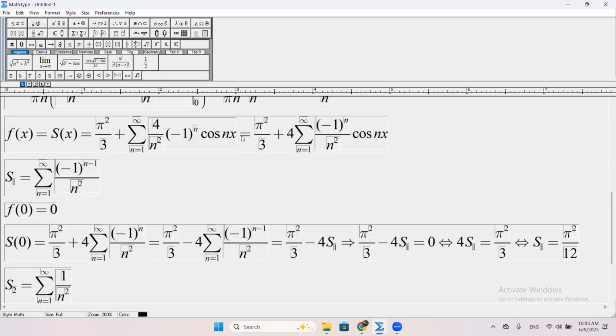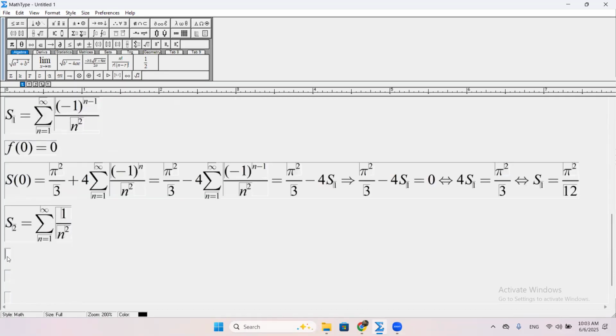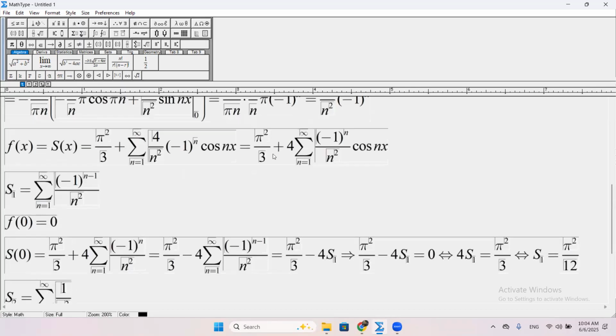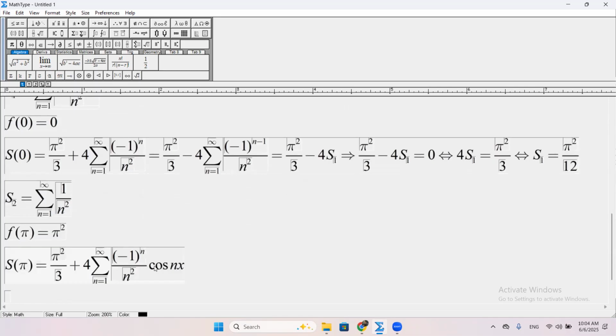So let's calculate f of p and S of p. f of p equals p square, and S of p, using this series, if I substitute p instead of x, I will receive minus 1 in power of n.